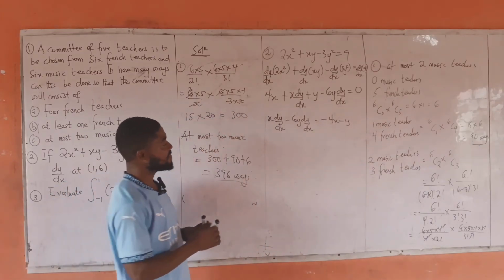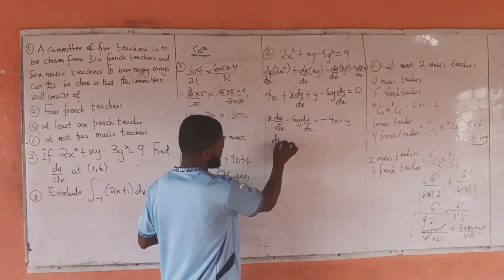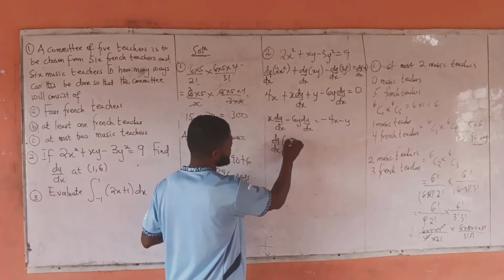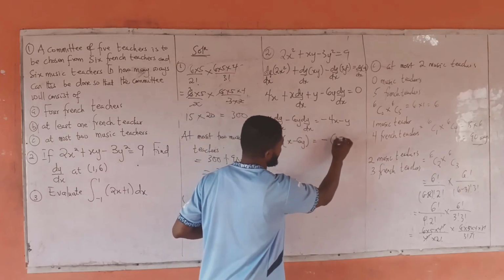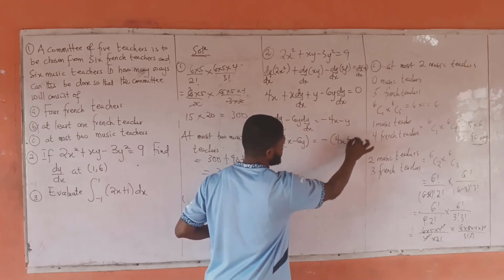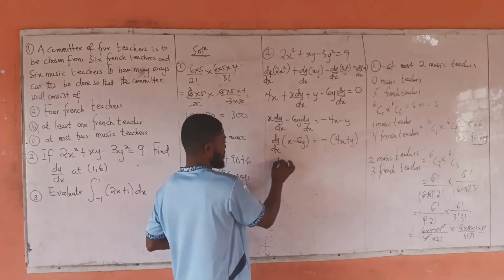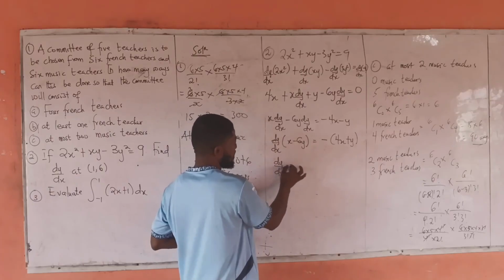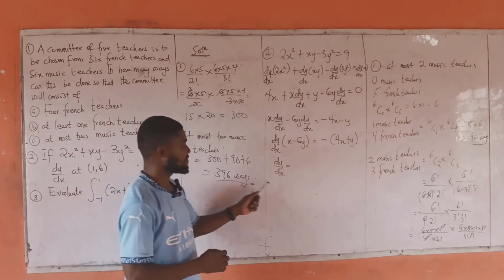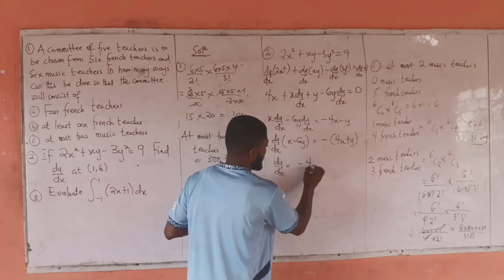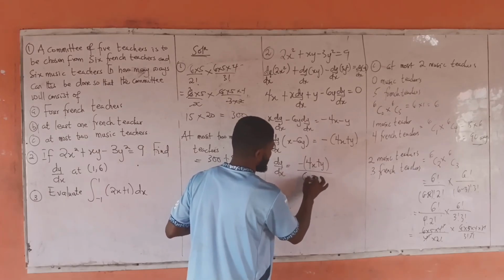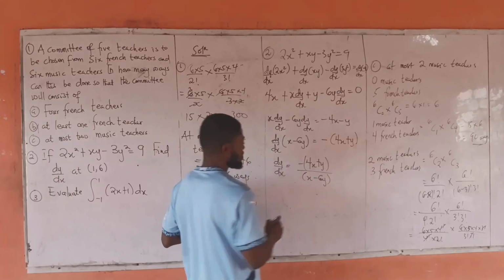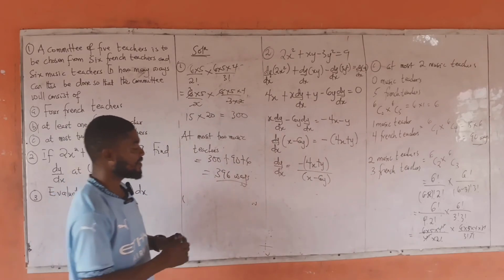Now we factorize dy/dx out. Now we make dy/dx the subject. So this is what we are having now.